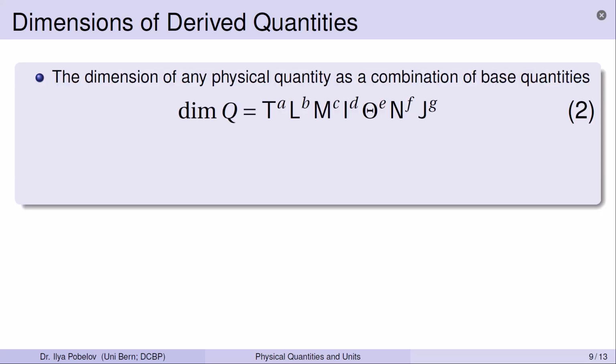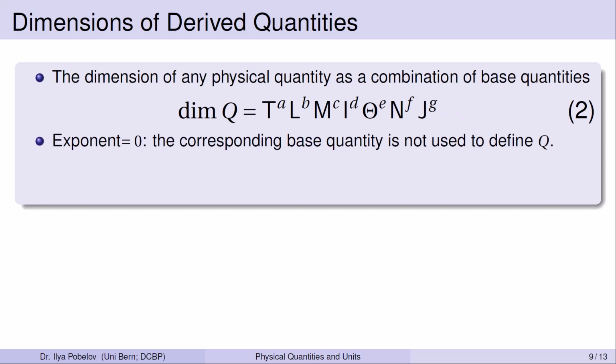In general, the dimension of any derived physical quantity can be expressed as a combination of 7 base quantities: time, length, mass, electric current, thermodynamic temperature, amount of substance, luminous intensity, with certain dimensional exponents. Any exponent could be 0, which means that the corresponding base quantity is not used to define the derived physical quantity.